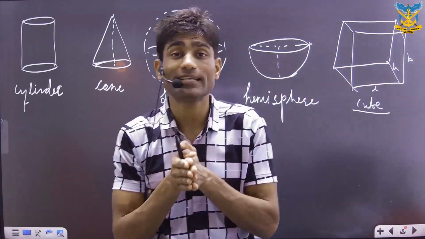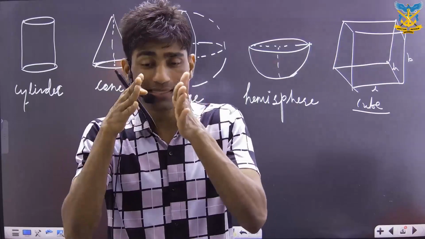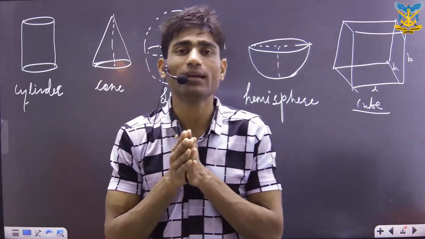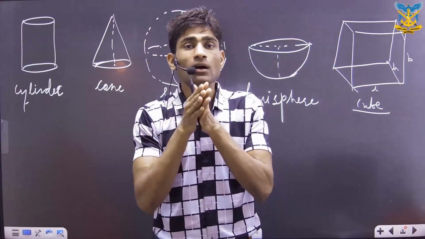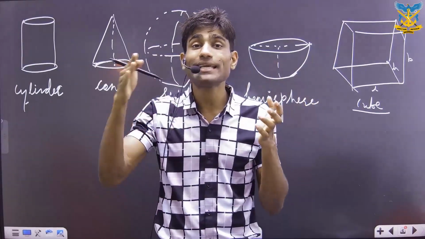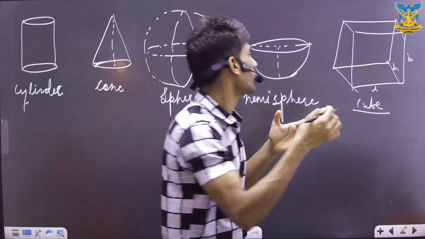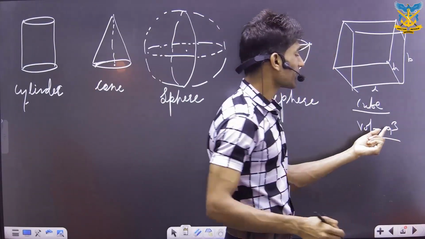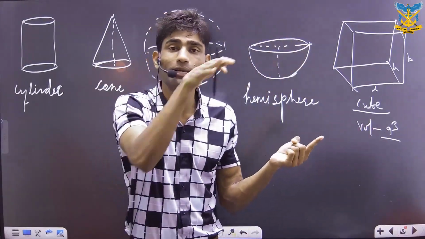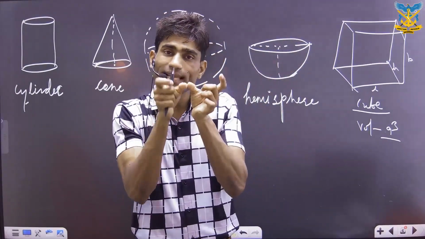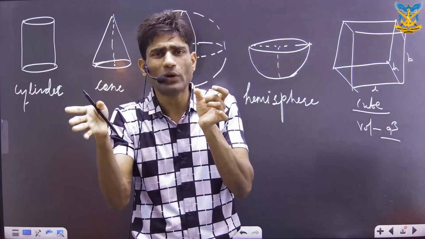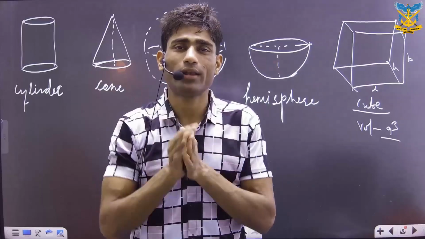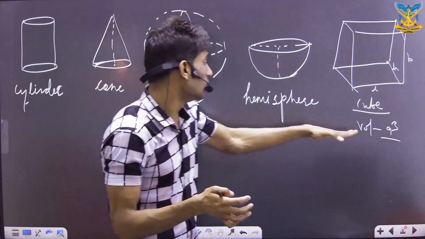The volume of a cube is length multiplied by breadth multiplied by height. But since length is a, breadth is a, and height is a, the volume of a cube is a cubed.